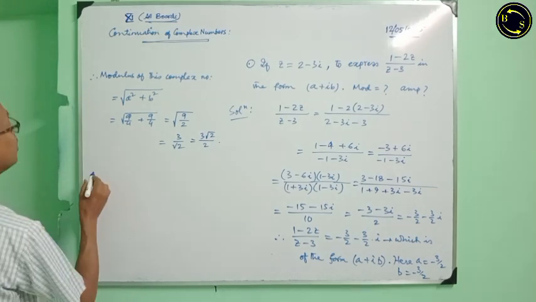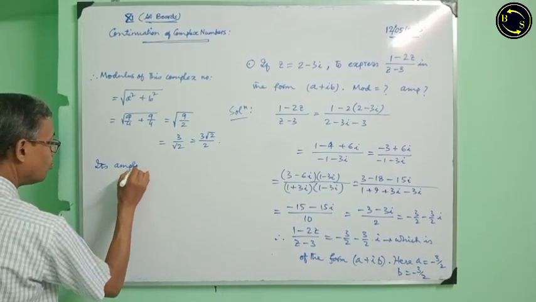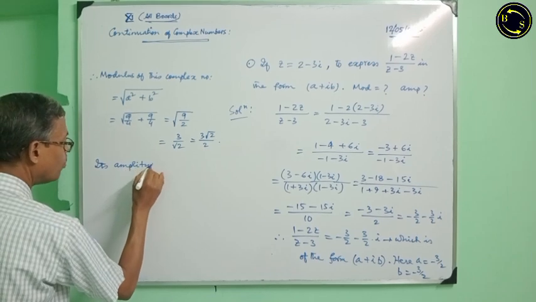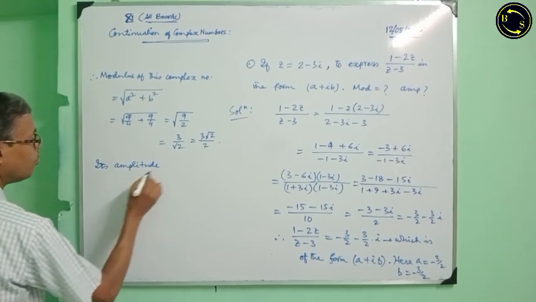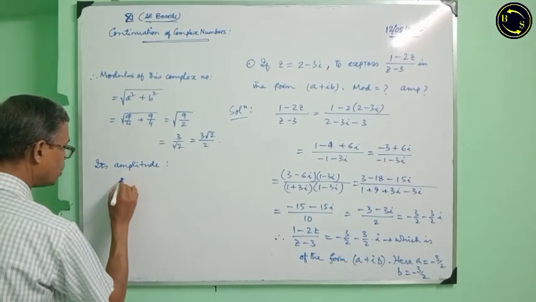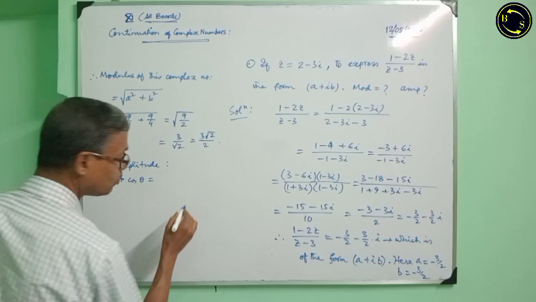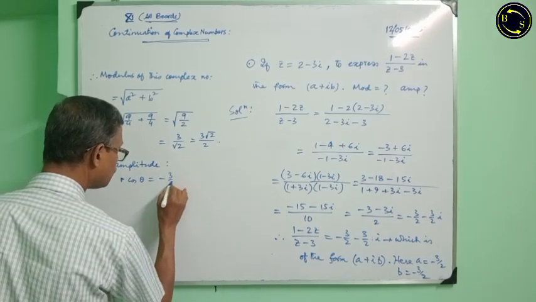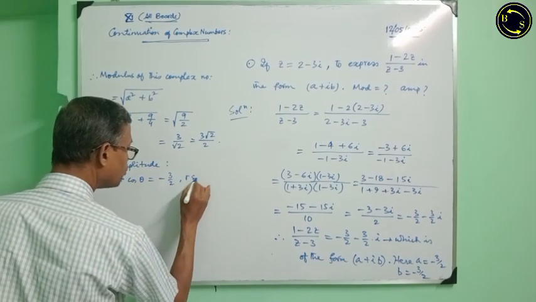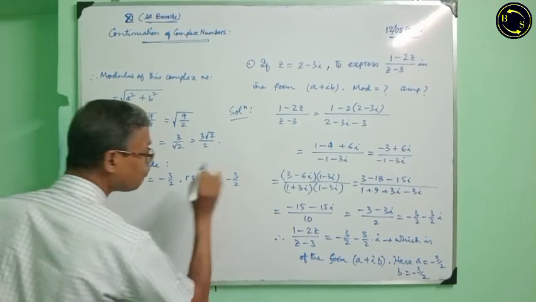Now to find the amplitude. R cos theta equal to minus 3 by 2, R sin theta equal to minus 3 by 2.